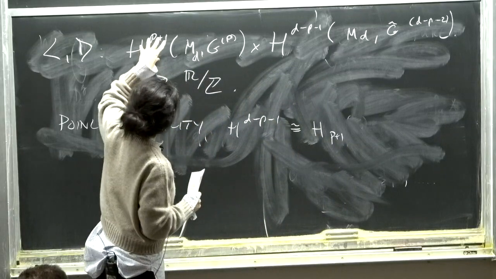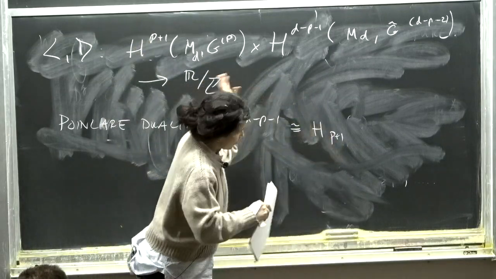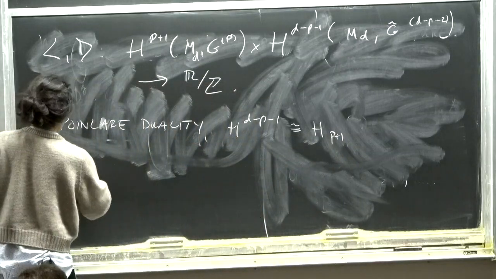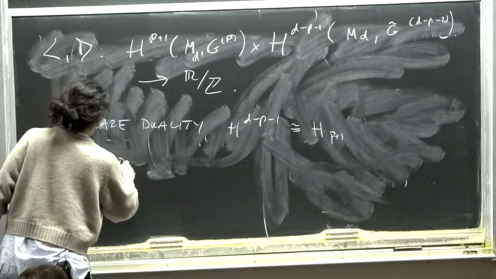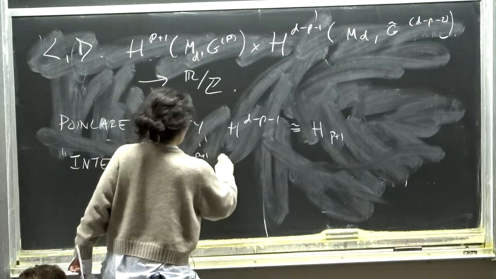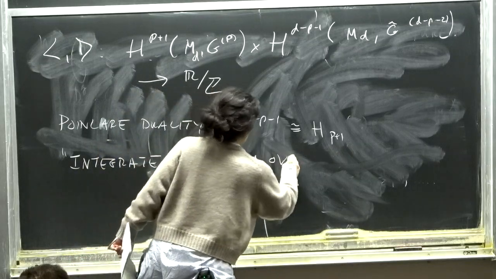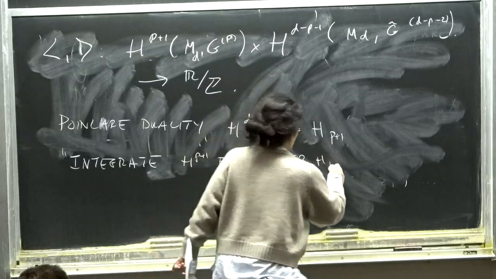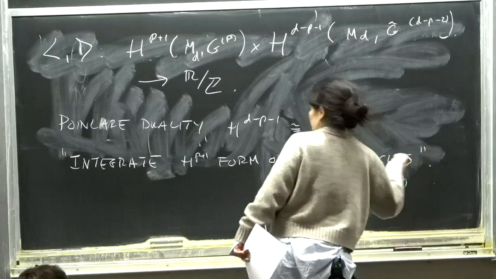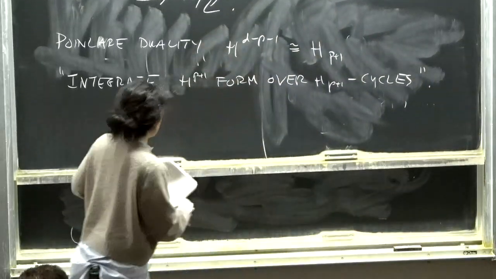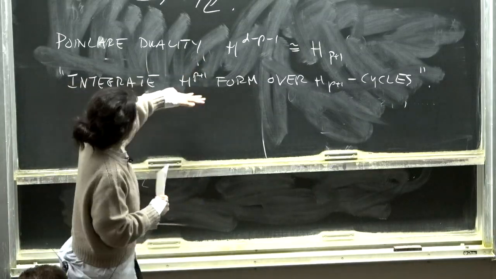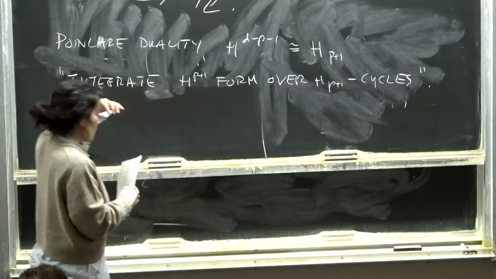And now I can take this (p+1)-form and integrate it, or pair it, with this (p+1)-cycle. Integrate is really not the right word here, but let me just leave it. If you know the more refined statement, you know what this means, and if not, then this is a good way of thinking about it.